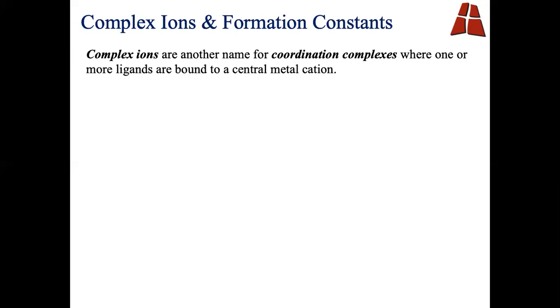The reason I bring this up is that one other form, I believe our last form of equilibrium we'll be talking about this semester, is related to complex ions, and in particular the equilibrium of the formation of those complex ions, which we've also called coordination complexes in lab.